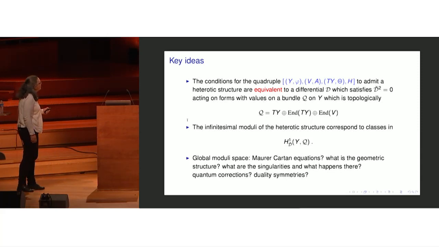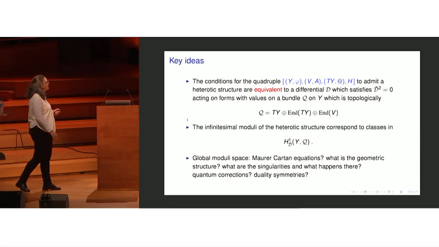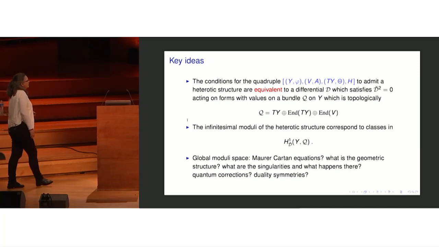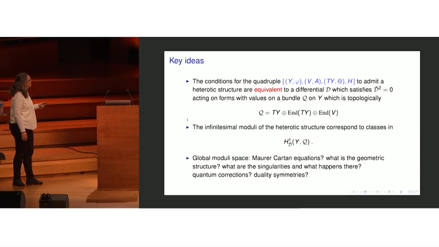are equivalent to a differential D that satisfies a condition so that when you do a certain projection of this operator and you square it, then you get 0. This projection I will explain later.